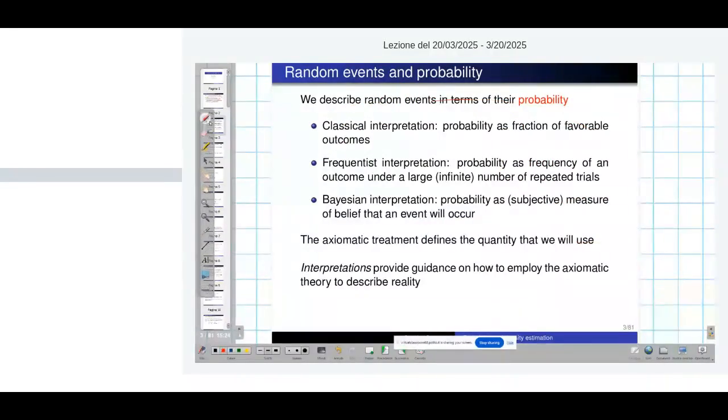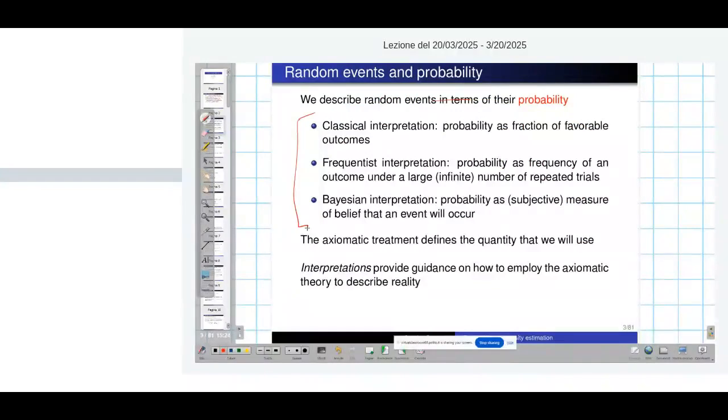It's just a theory based on some axioms, which has its own truth based on the axioms that you take. And the interpretations, on the other hand, are a way to say how we describe things about the real world using these mathematical concepts.